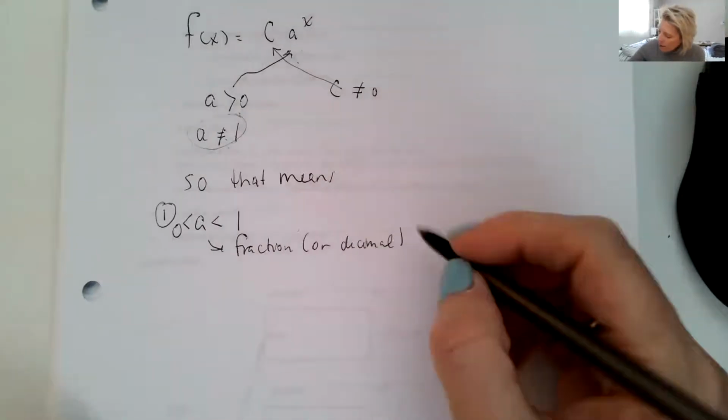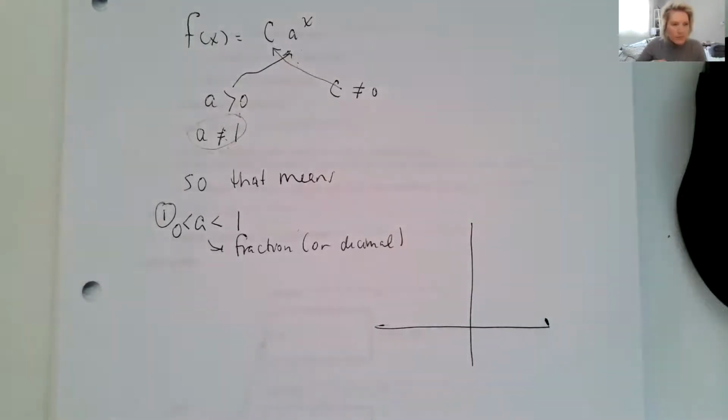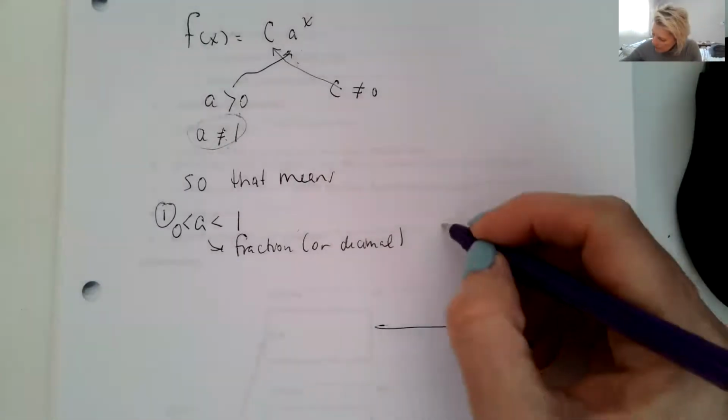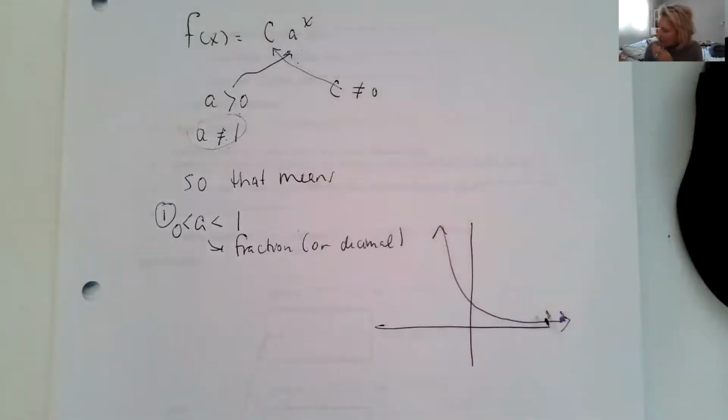You're going to see that the graph will go something like this. This is going to be called exponential decay.